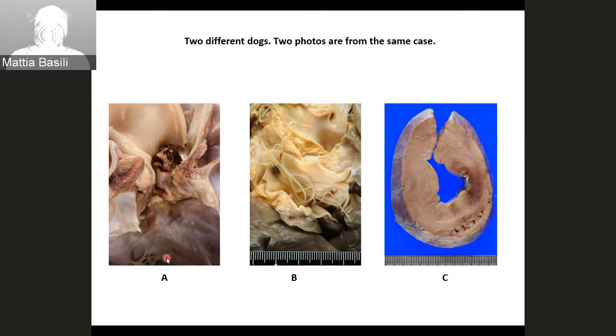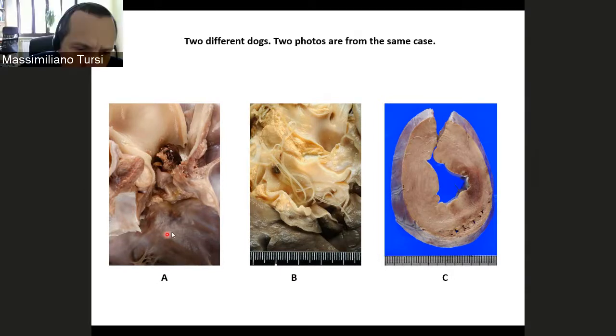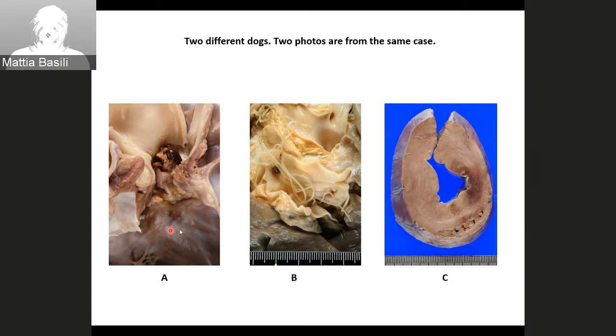Mattia, I'm sorry. Can I say something? Because I agree with you. That's an artery, but here we see also another structure. The structure below, I believe it's a ventricle. So what ventricle are we looking for?